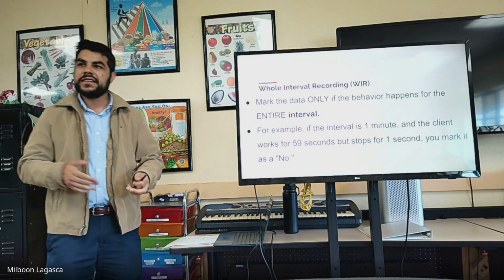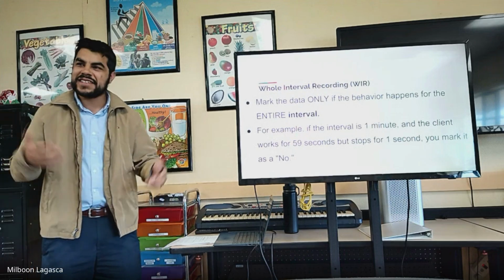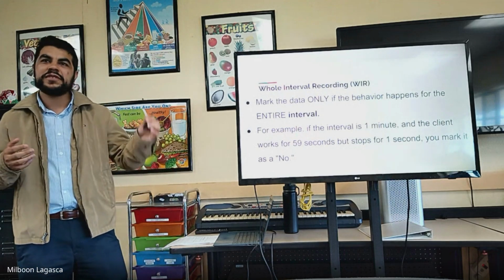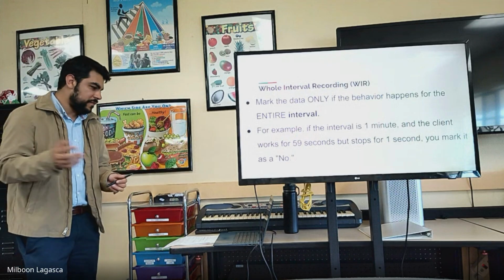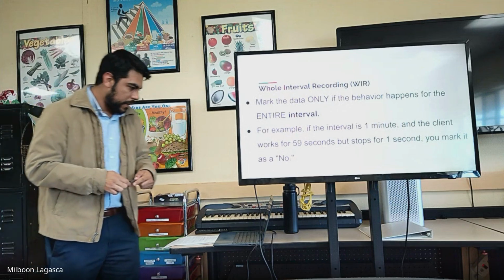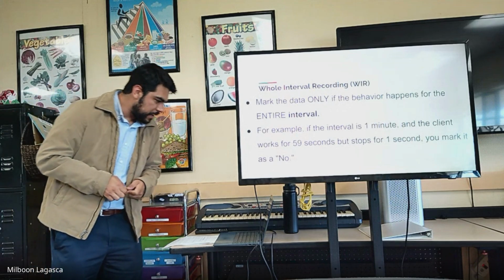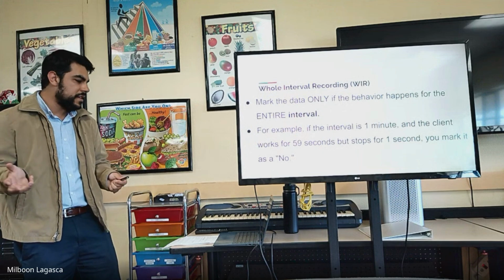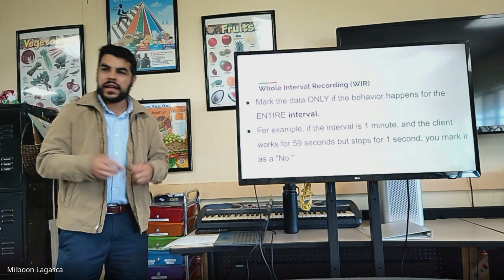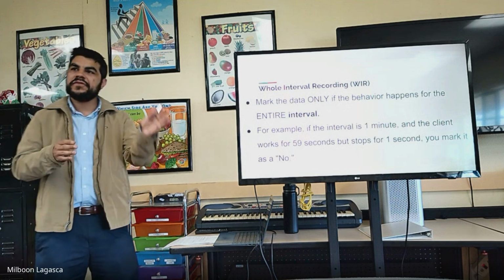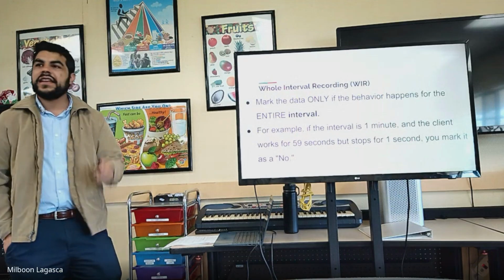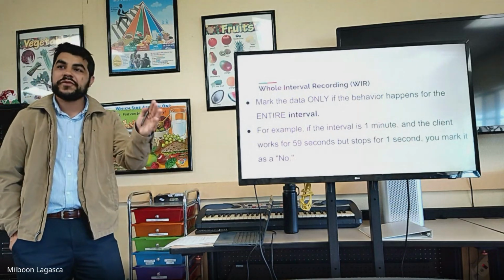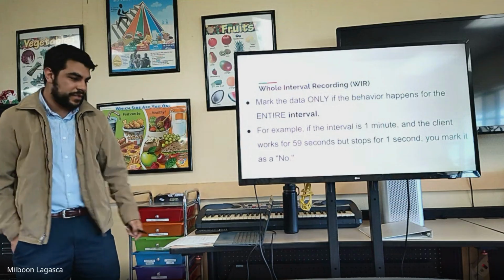But if he tumbles and falls down and then stops walking at any point within those 10 seconds, then we would say that there's non-occurrence. Another example here is if the interval is a minute and the client or individual is walking up until 59 seconds, but then stops at the 1 second mark, then it's non-occurrence because it has to happen for the entire interval.